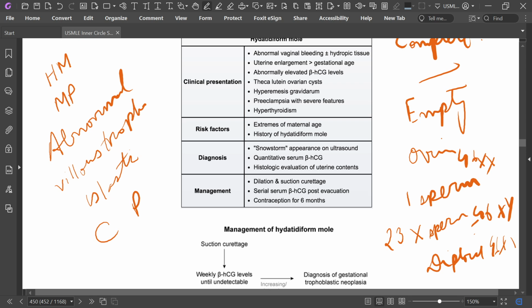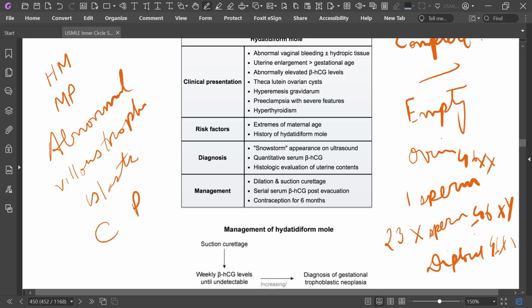This abnormal genotype leads to abnormal proliferation of the placental precursor cells with no fetal development. The macroscopic appearance of a complete mole is a bunch of grapes appearance. You have to remember this. If you find a bunch of grapes appearance, think about molar pregnancy, think about hydatidiform mole.